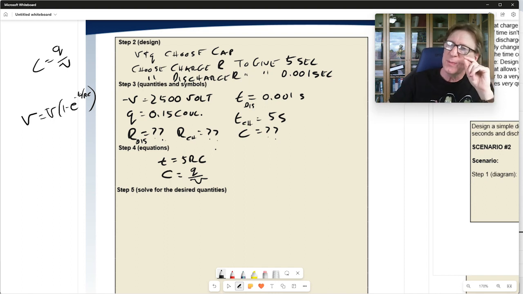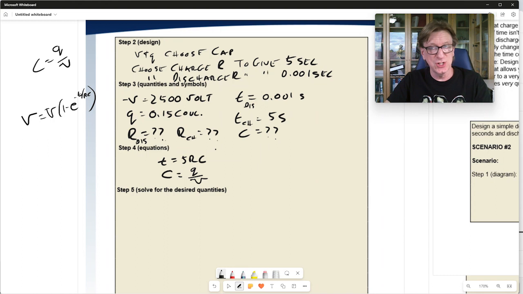But remember, I want the capacitor to be fully charged, and then I want it to be fully discharged. So all I'm really interested in is the time, because the time to charge has to equal 5RC. Does that make sense?